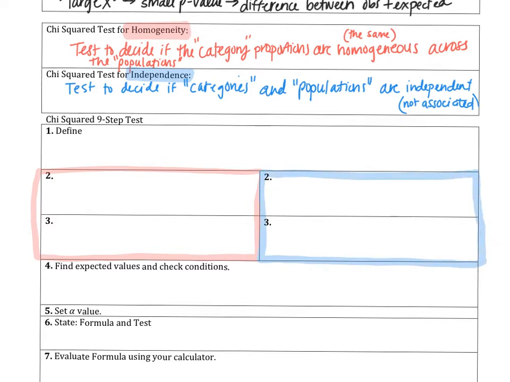The rest of the test is exactly the same. When you get to step 2 or 3, you'll decide, are you doing homogeneity or are you doing independence? And then you'll proceed like normal.